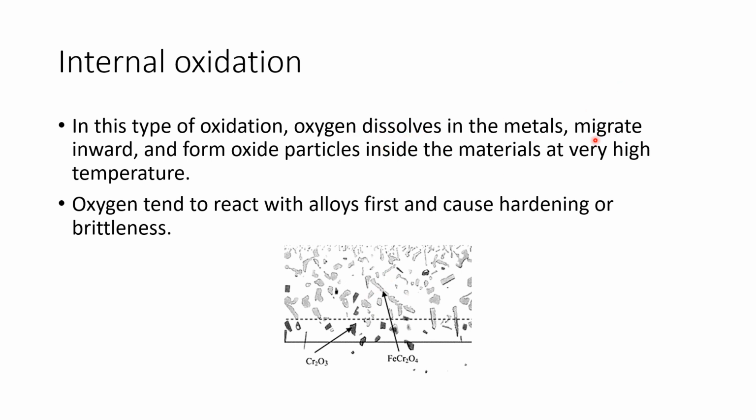The oxygen usually dissolves at a very high temperature. When they dissolve, they go into the metal and mess things up inside by forming oxide particles inside. So the oxygen tends to react with the alloy first, because alloys are just mixed metals, and then they cause hardening, and we call that brittleness, okay?